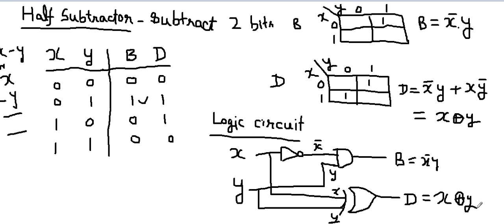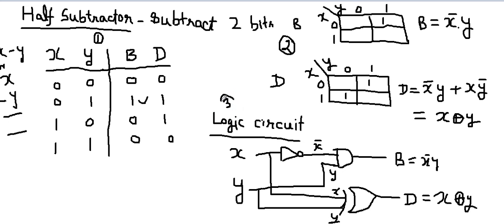Okay. So this is your first step to draw a logic circuit for this half subtractor. So first you have to write a truth table for the half subtractor, and then in the second step you have to simplify these outputs by placing them into the Karnaugh map, and then in the third step, you draw your logic circuit.